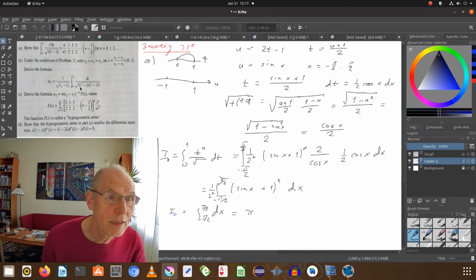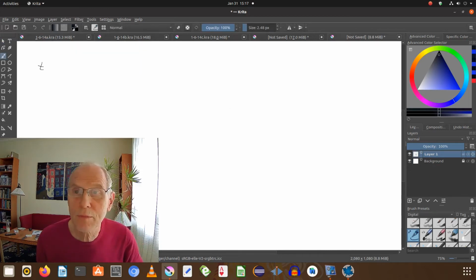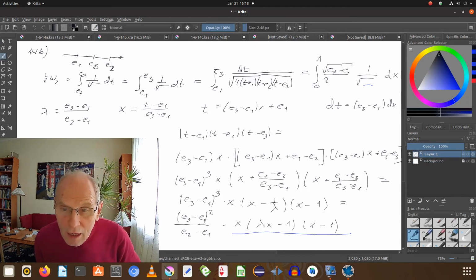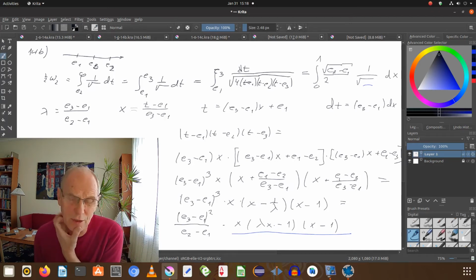And then t, 1 minus t, 1 minus lambda t, or just change signs there. That makes sense because we want both of them to be positive. Of course, that was silly.